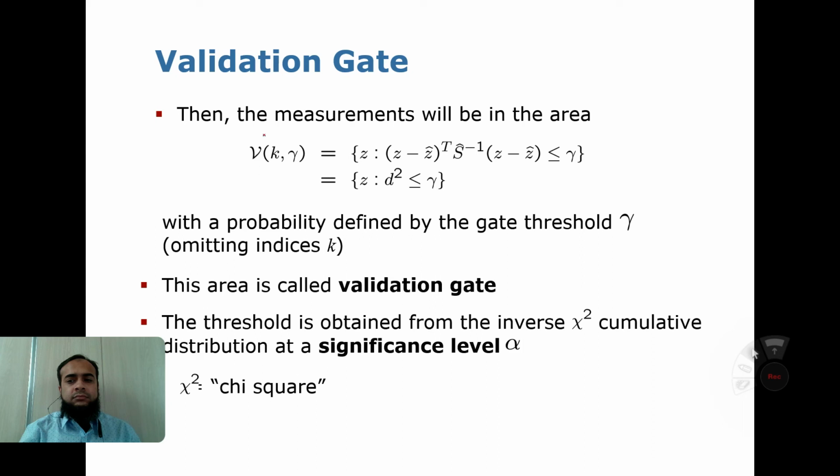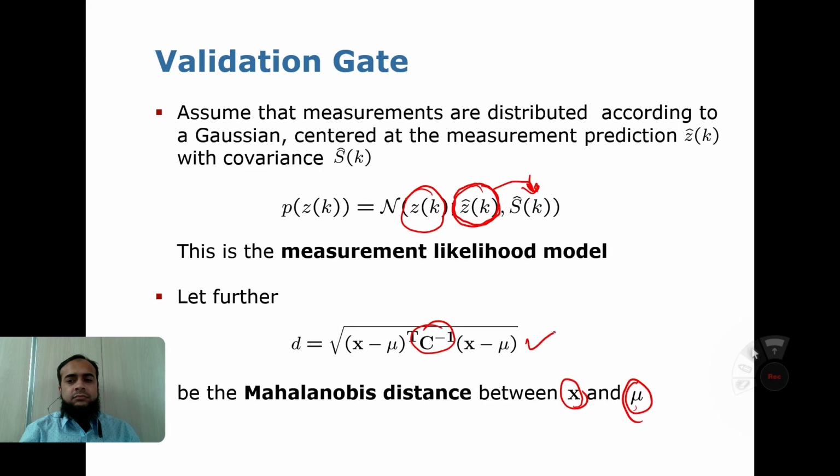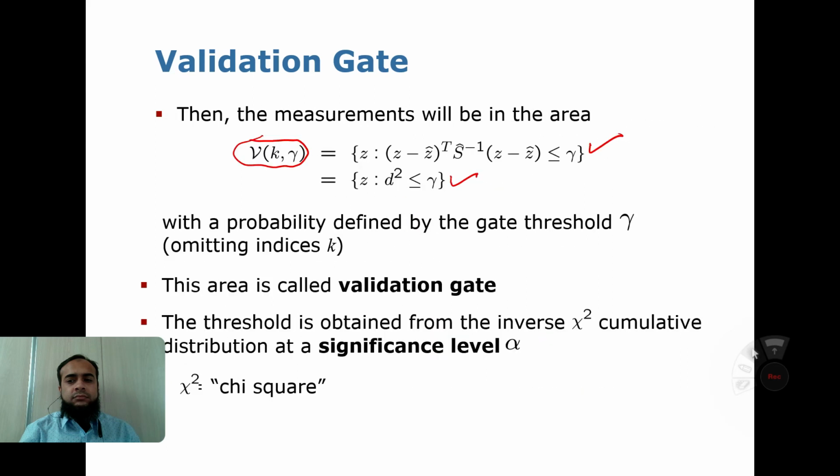This area may equal this thing or this thing, which means we can calculate the area using this, if the distance is less than gamma, the chi-square distribution threshold.